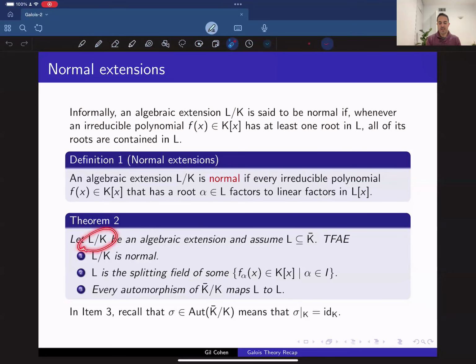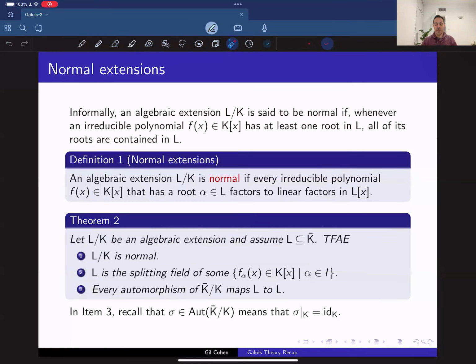So let's say that L over K is an algebraic extension. And here I'm assuming, and that's what we are going to do for the course, that L is contained in an algebraic closure of K. What's going to happen all the time when we are working with algebraic extensions is that we take the smallest field, in this case K, and fix an algebraic closure of K. There is only one algebraic closure of K up to isomorphism.